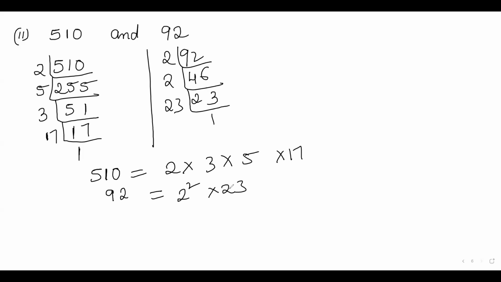Okay. Now let's find LCM and HCF. In case of LCM, you will be taking all the uncommon factors. These are the uncommon factors. You will be taking all of them.